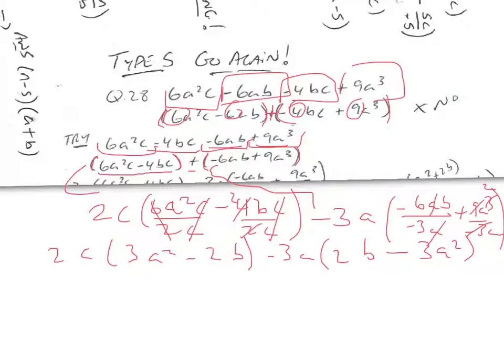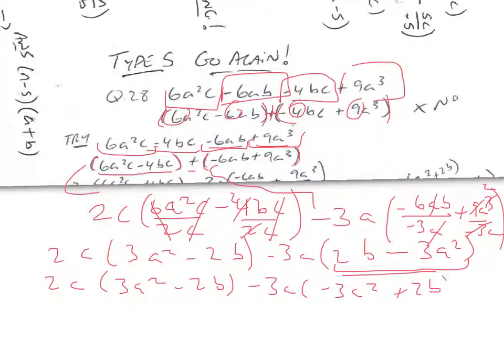So looking at that, it looks like we'll reorder this. So we have 2c by 3a squared minus 2b minus 3a minus 3a squared plus 2b. We're just changing where they appear in the term, okay?